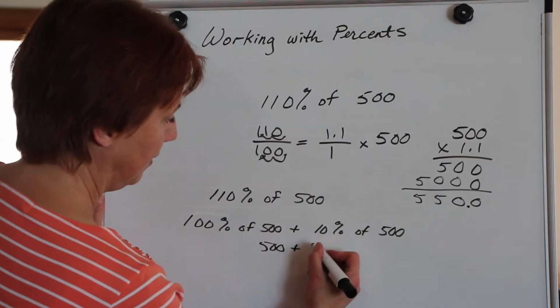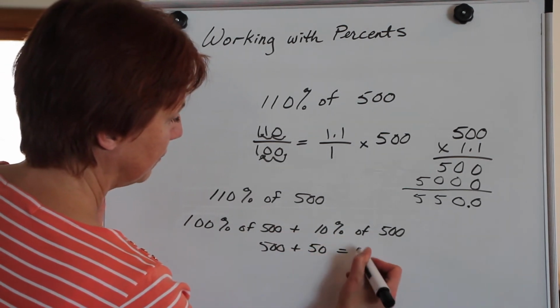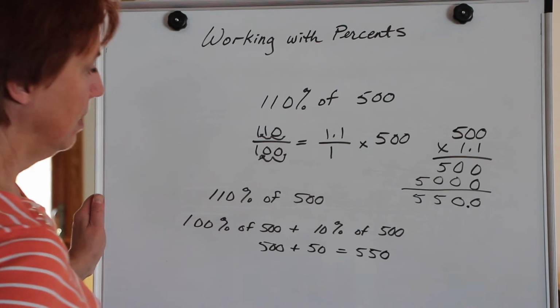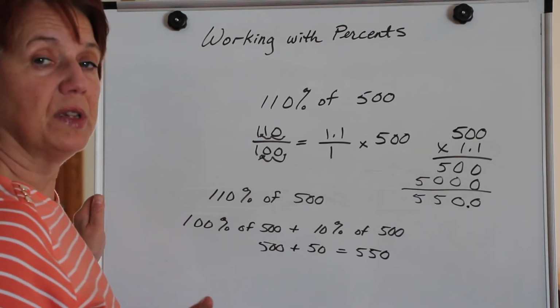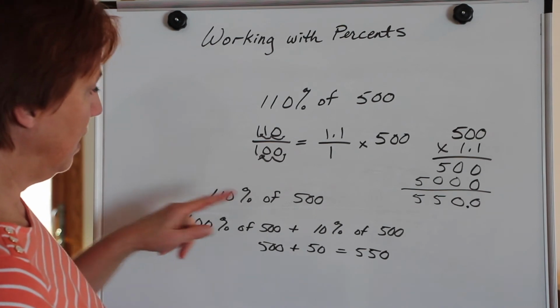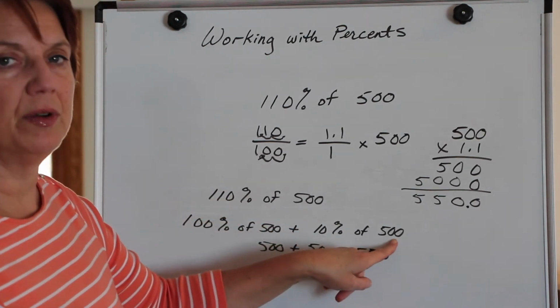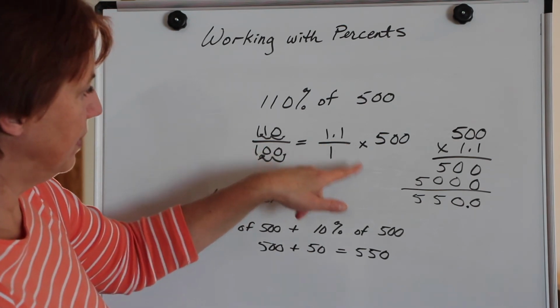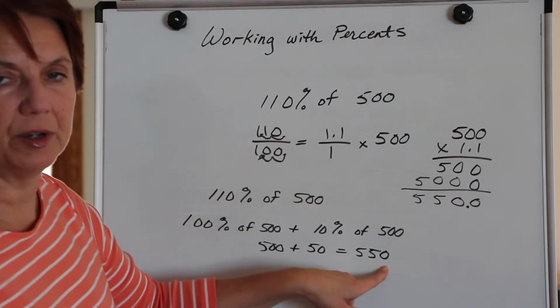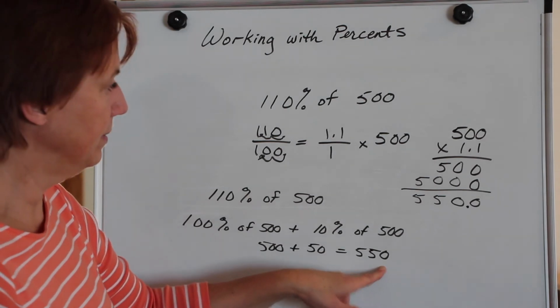So 10% of 500 is 50. And there's our 550. So if you live somewhere where there's a sales tax that is 10%, then if the item you're buying costs $500, you're going to multiply by 1.1 to get your final cost. That's what you're going to pay at the till, okay?